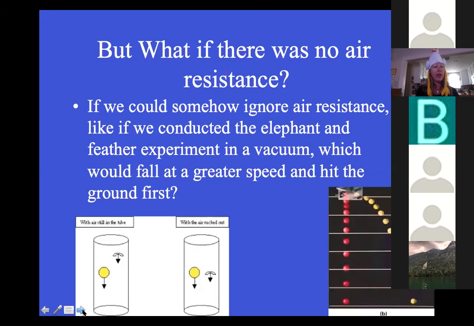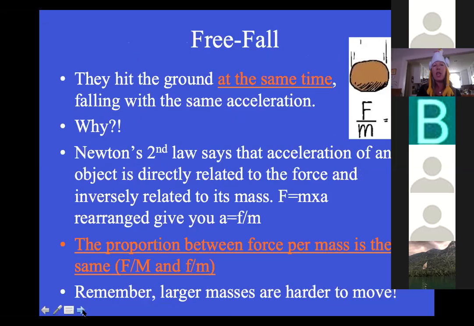But if we could somehow get rid of air resistance and do this in a vacuum, what would we see? Well, interestingly enough, without air resistance, they would hit the ground at the same time.